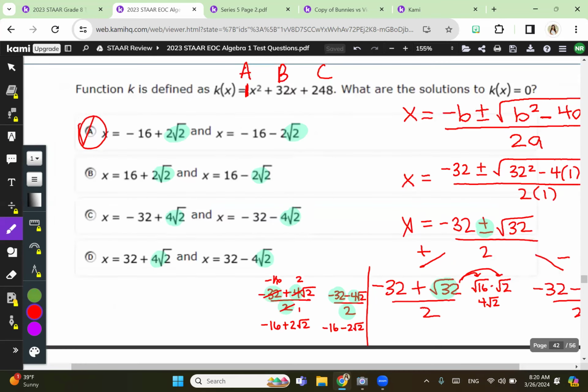Now, let's say we can't do all of that. Let's say we forgot how to do all of that. Okay? There is a way. What you want to do is change them all to decimals. So I want you to type in negative 16 plus 2 square roots of 2 into your calculator and tell me what that gives you.